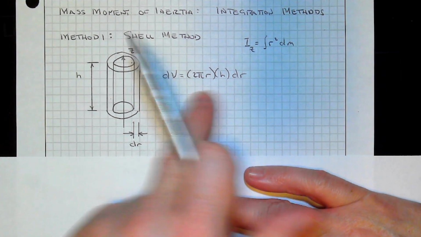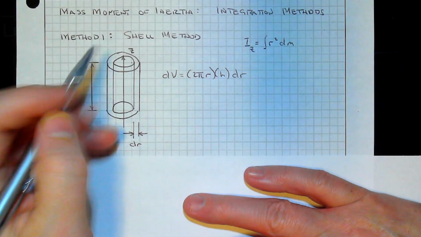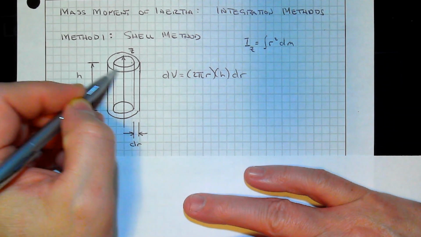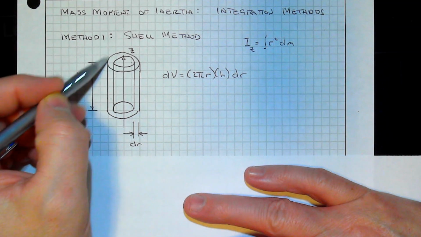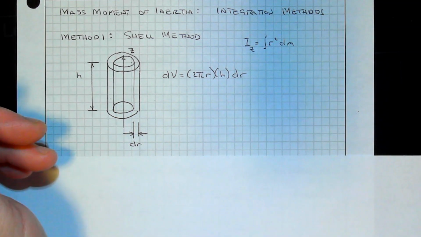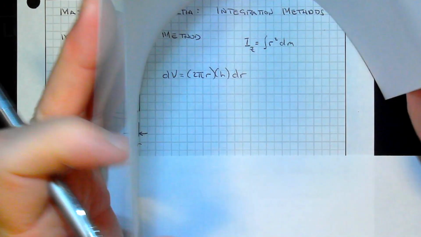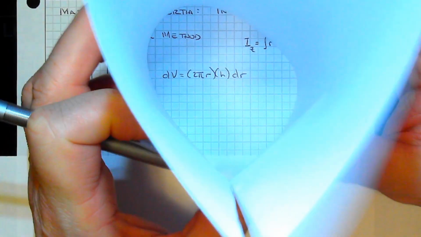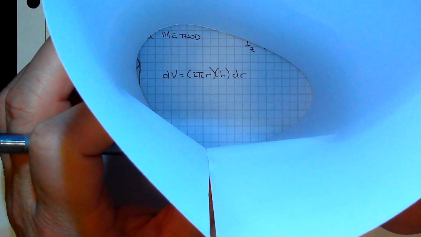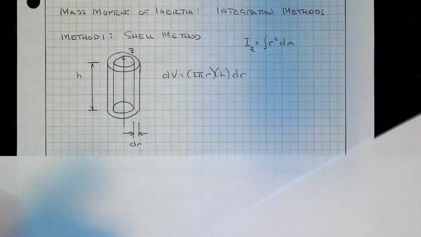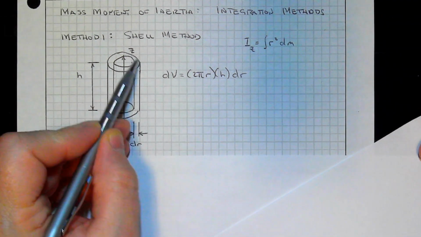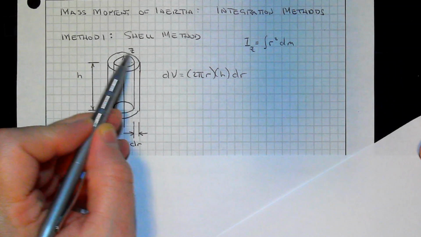All right, if you're using a shell, let's think what the shell is made of. I'm showing thickness here, but it's really paper thin. So what would be the volume of the shell? Well, the shell is just a piece of paper where we take the ends and bring them together. So here's the whole piece of paper. Their circumference was basically one dimension of the paper.